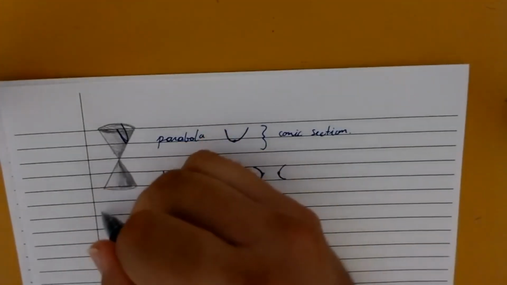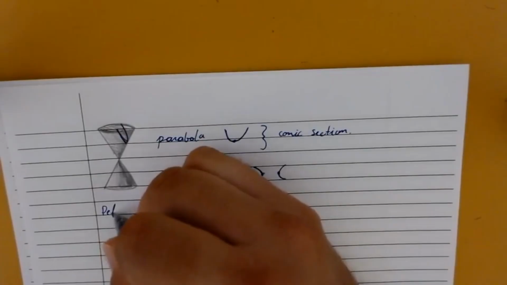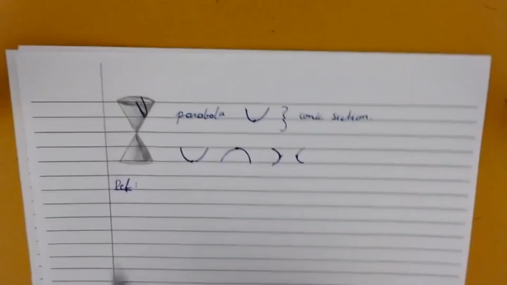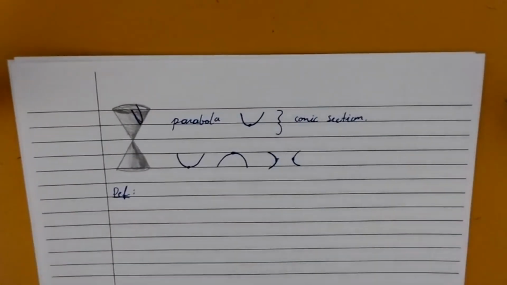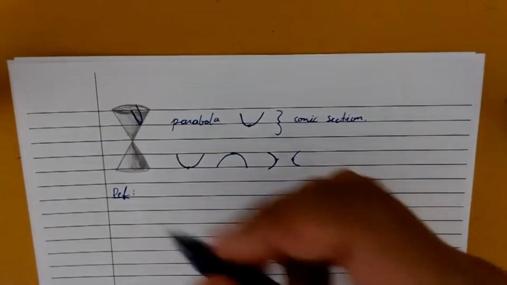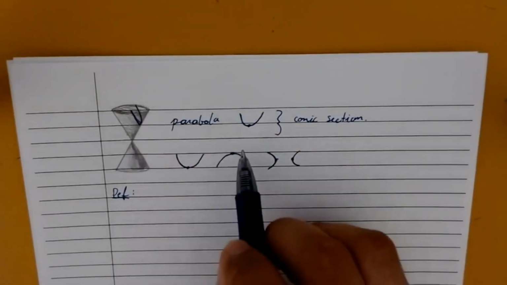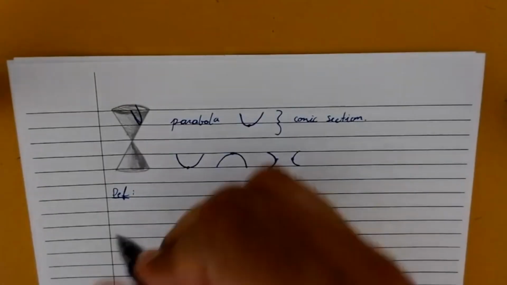So let's take a look at a definition of a parabola that is different from the traditional, it's the graph of y equals x squared. It's the graph of a parabola. Not that it isn't, but this is a different view of it with emphasis on some geometry.